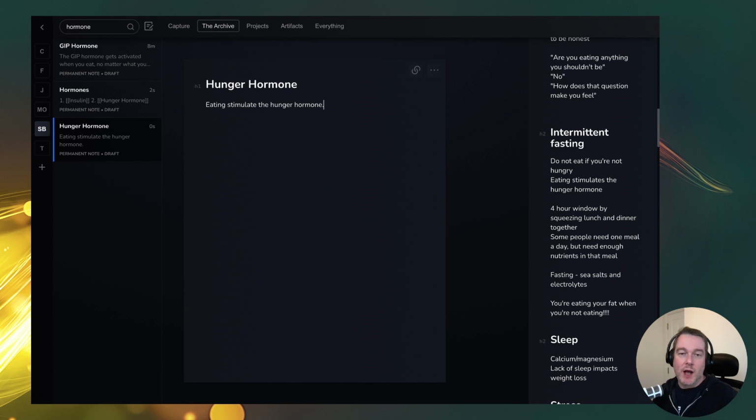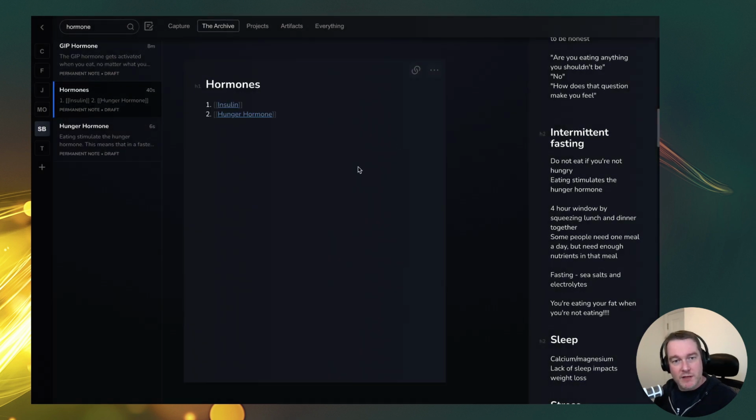So what we're saying, I want to capture the idea here. So eating stimulates the hunger hormone. This means that in a fasted state, you are not necessarily triggering hunger. So the more you eat, the more hungry you feel. We all know that feeling. And when you're in a fasted state, you don't necessarily feel hungry.